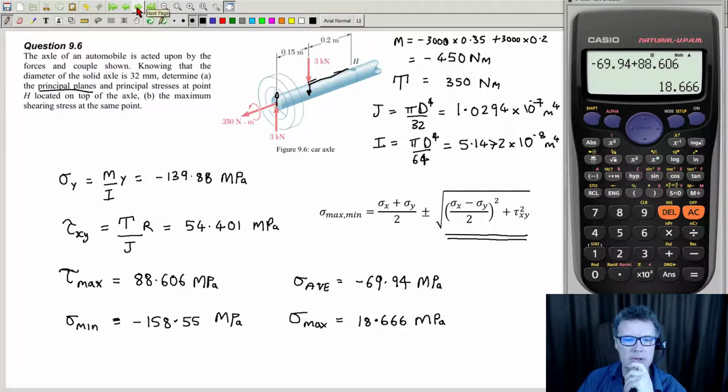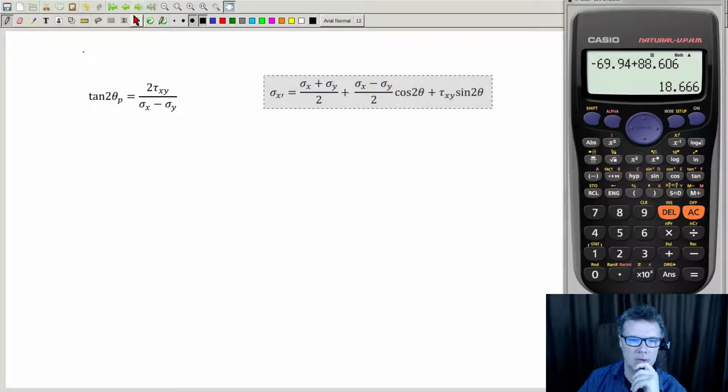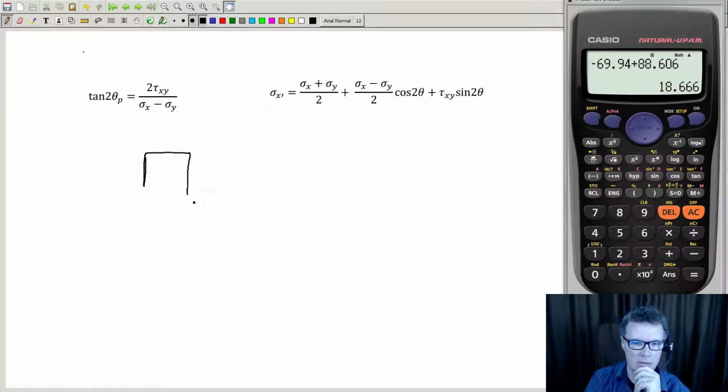So we've got a stress state that looks like this, 0.